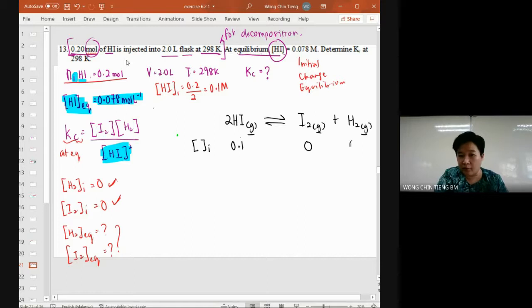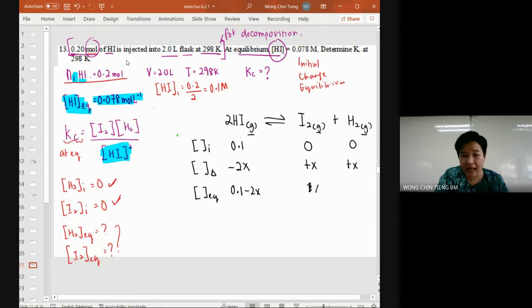Initial adalah 0. Kenapa change ada tolak dengan tambah? Because the change over here, tolak melambangkan dia berkurang. Tambah bermakna dia dihasilkan. Nampak? So, your equilibrium will be as simple as your initial minus or plus with your change.